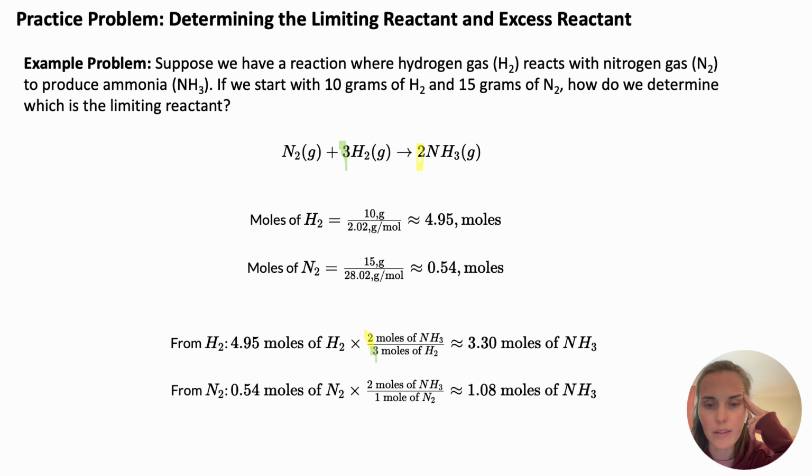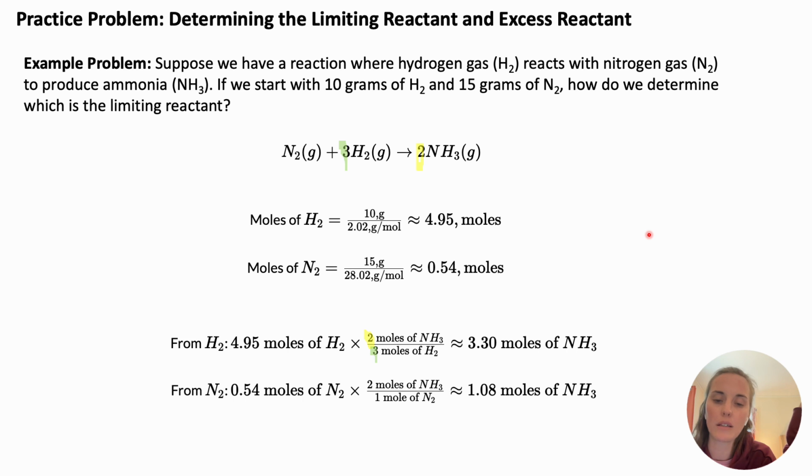And so they said, okay, for H2, you're going to have a total product of 3.30 moles of NH3. And then they did the exact same thing for N2, and it says your final product would be 1.08 moles of NH3.